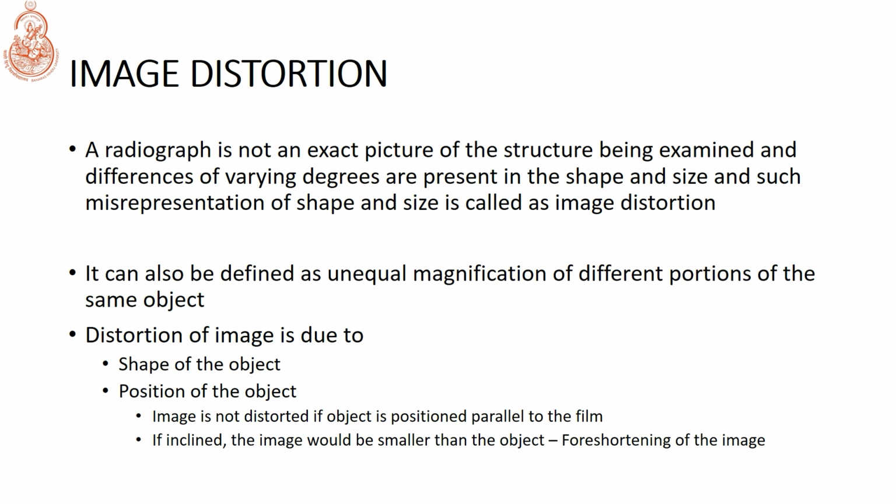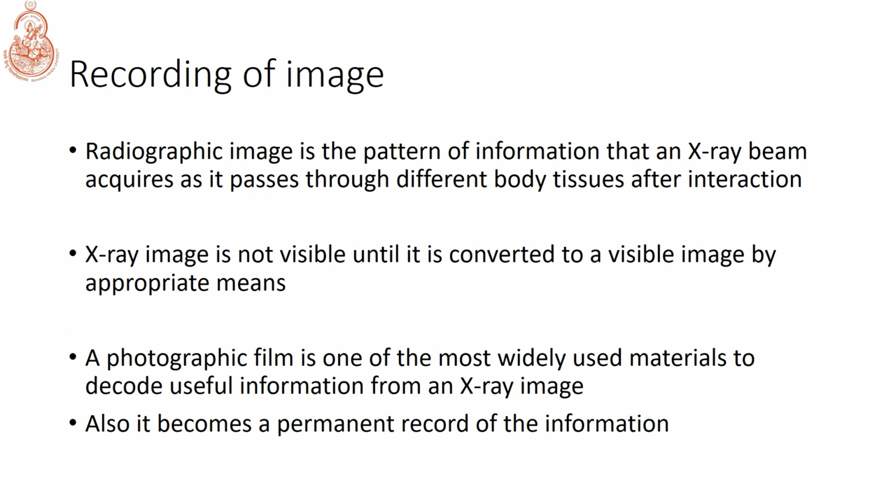It shall not hit at an inclined angle. When an X-ray beam hits a structure from an angle, I am going to get an image which is shortened, which will be smaller in size, and that's called foreshortening of the image.